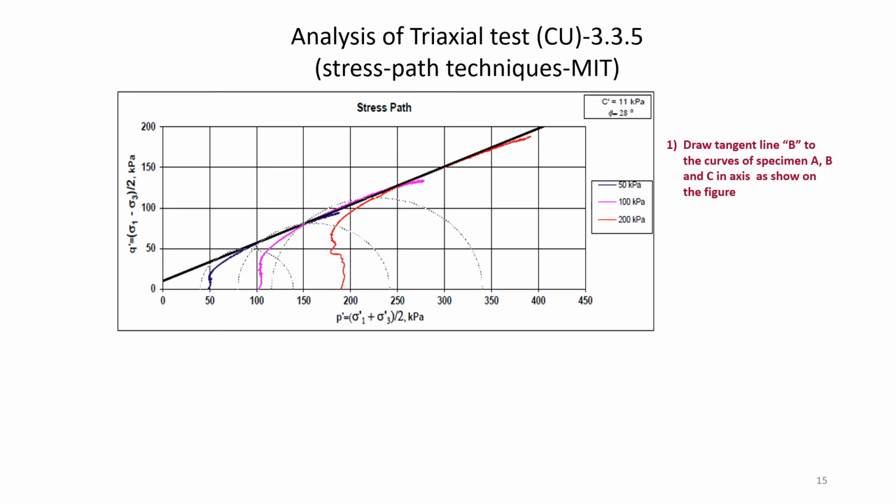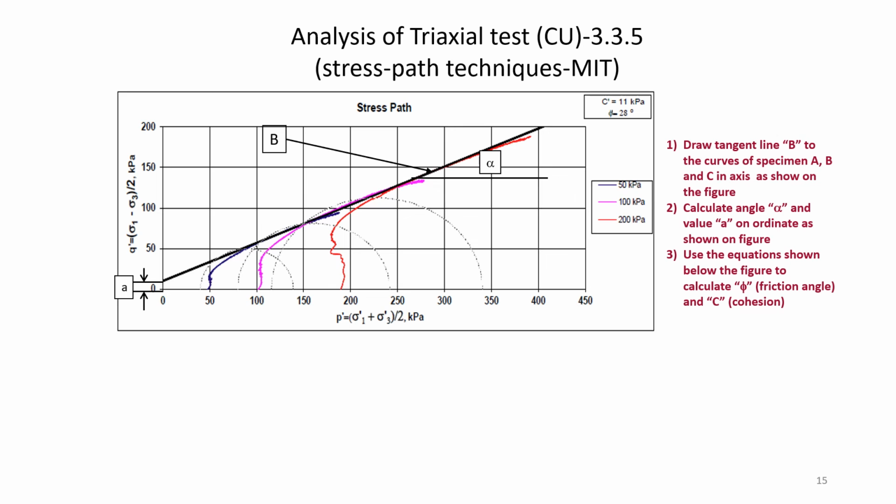And you build these curves based on these parameters. For each point, you have sigma 1, sigma 3, sigma 1 prime, sigma 3 prime. And this is called MAT. Why? Because I'm just showing you an example. So you get the B value, you calculate angle alpha and A, and you calculate friction.